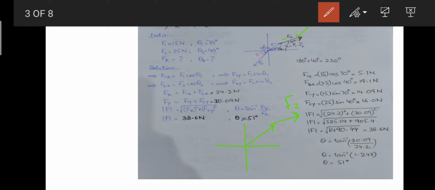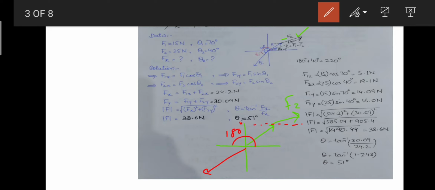And what about this F2? If I really want to draw this, I will choose the angle with the x-axis. Now we know that the whole angle earlier, consider this is a complete 180 degrees, right?